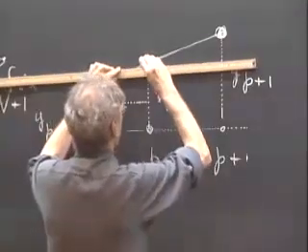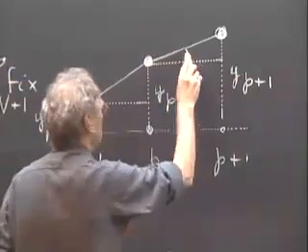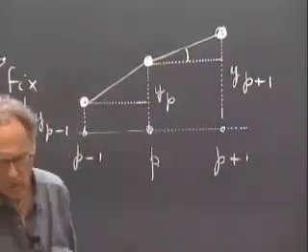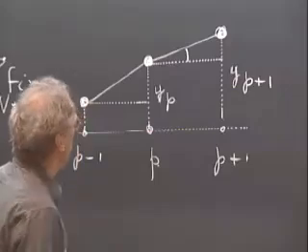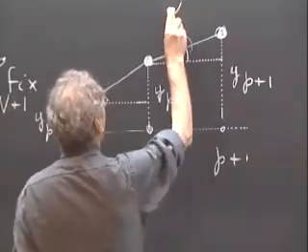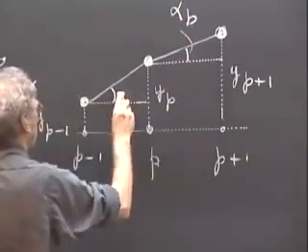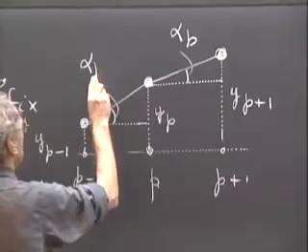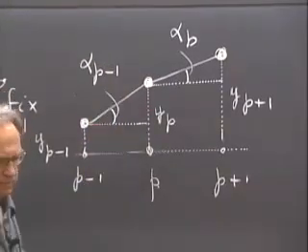We draw this line. I will call this angle alpha_p. And I will call this angle alpha_(p-1).